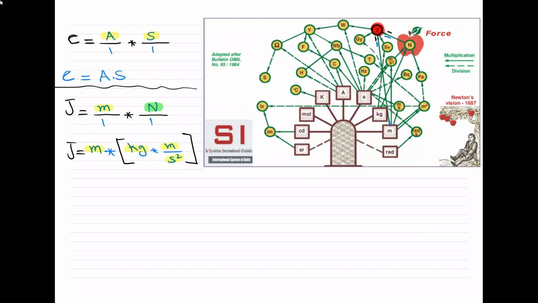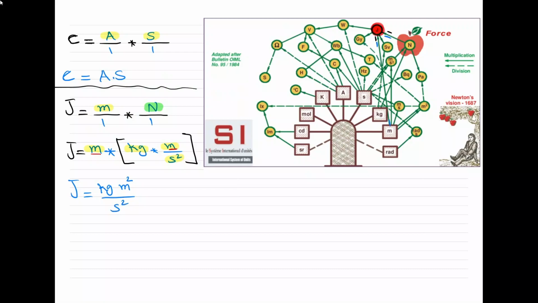So let me simplify: we have meter here and meter here, both in the numerator, so we add the exponents, 1 plus 1. It's going to be meter square. So at the end, 1 joule is represented as kilogram meter square divided by second square.